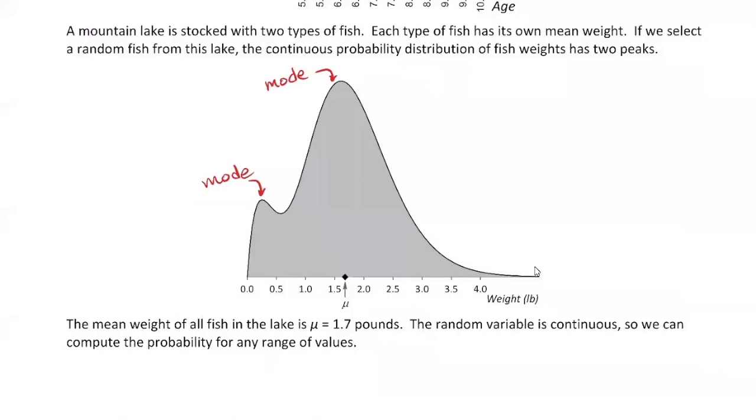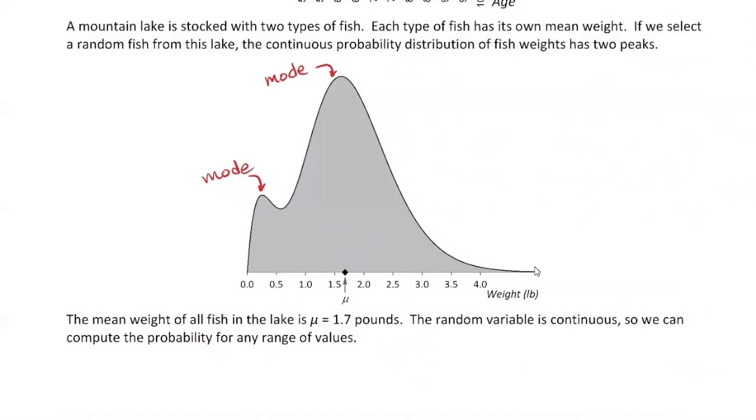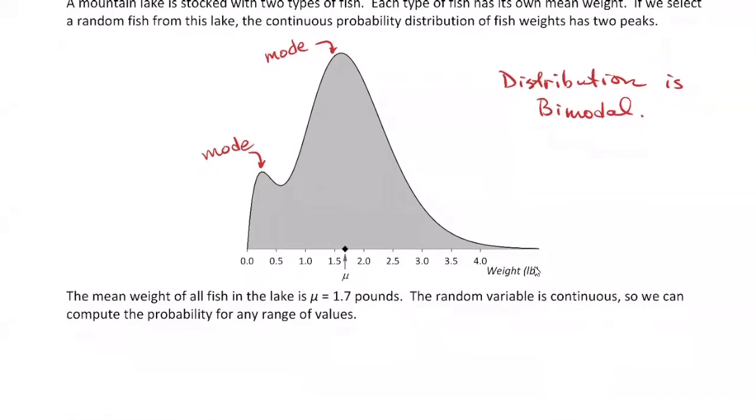Okay, so the distribution has 2 peaks. And that, again, happens when you mix 2 populations together sometimes. If they're different, they're different.